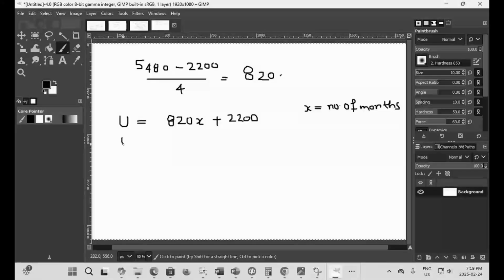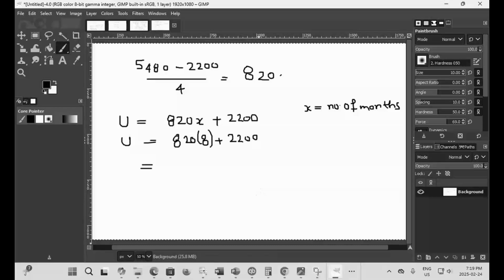So number of users will be 820 into 8 to figure out for 8 months. So 820 into 8, plus 2,200.